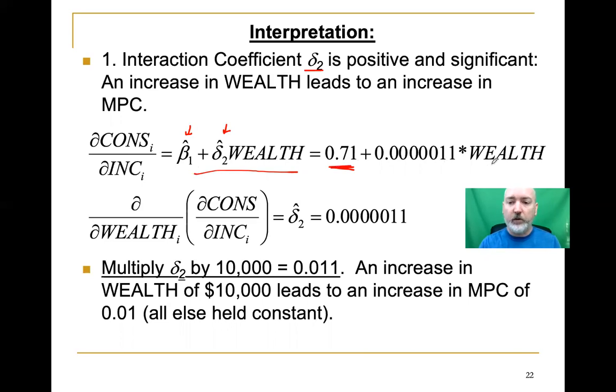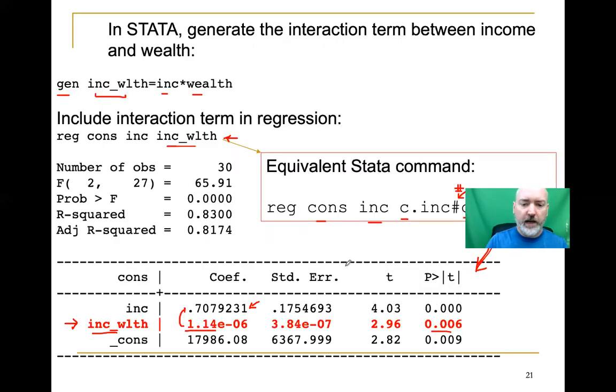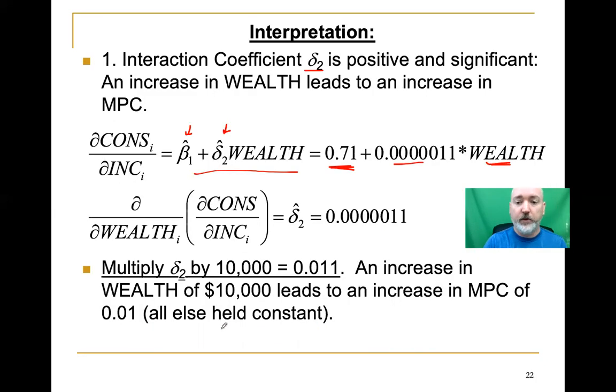And for every extra dollar in your bank account, asset holdings, your wealth goes up by $1, that slope creeps up just a little bit by 0.000011. And notice, everybody loves their scientific notation, right? So 1.14e-06. So we have the 1 starting on the 6th place after the decimal. So 5 zeros and a 1.